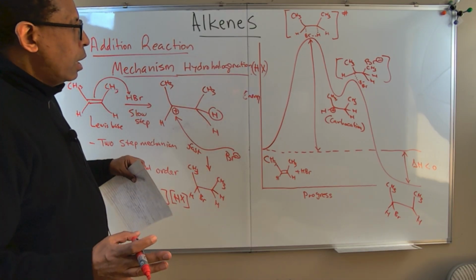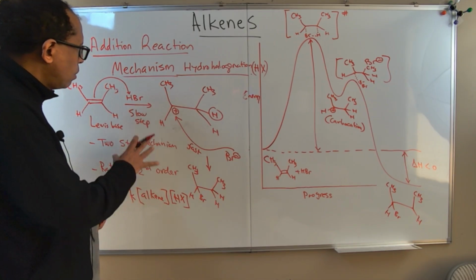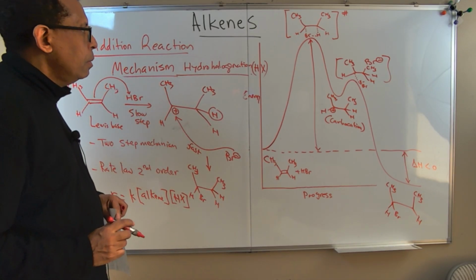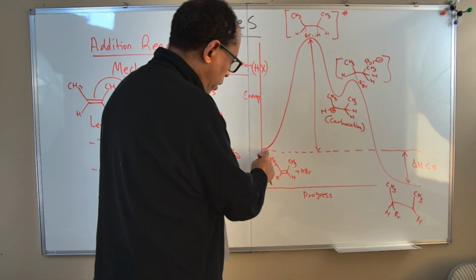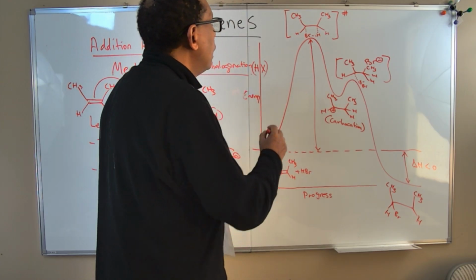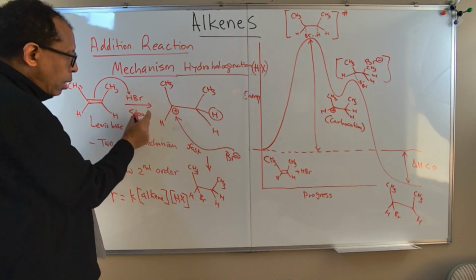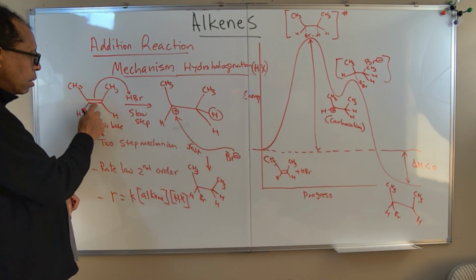How about the energy diagram? The energy diagram also reflects the second order kinetics for hydrohalogenation through a carbocation intermediate. Now, the initial starting materials are down here in the energy profile. The HBr comes across the double bond, so this starts to weaken.